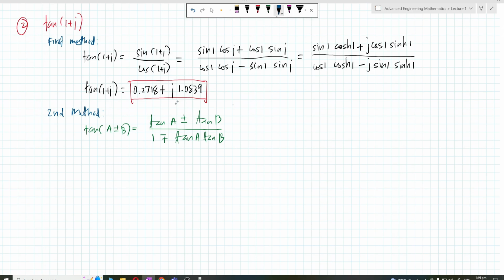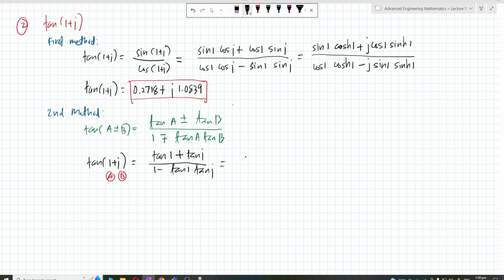So if we have tangent of 1 plus j, your a here is 1 and your b is j. What will happen? Tan of 1, since it is plus, plus tangent of j. Since it is plus, in the denominator we use minus, tangent of 1 and then tangent of j.